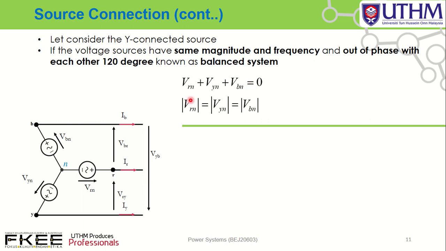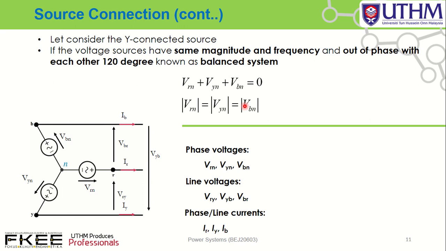Number 2, the magnitude of the phase voltage or line voltage are equal to each other. Phase R, phase Y, phase B are equal to each other. I already explained this before. What is the phase voltage?